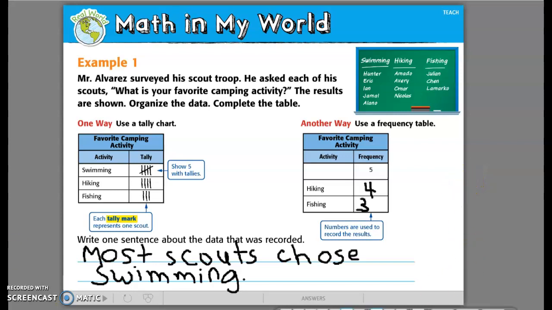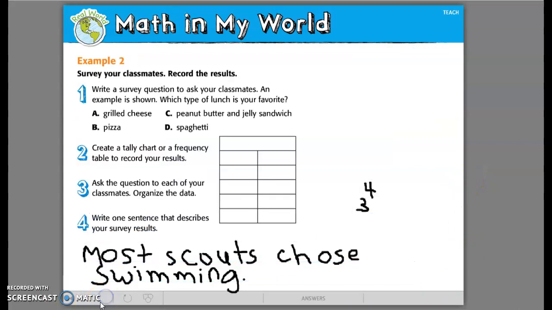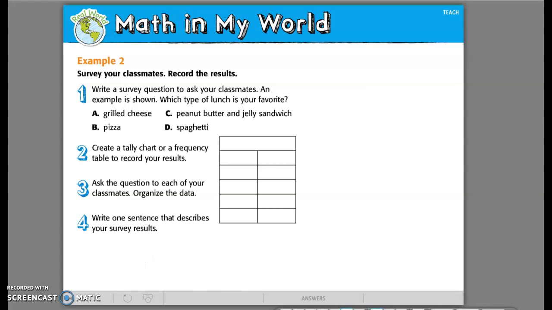All right. So on the next example, we have example number 2. Survey your classmates, record the results. I'm just going to pretend like we have surveyed our classmates. A survey question, if you look at these choices, might be, what type of lunch is your favorite?